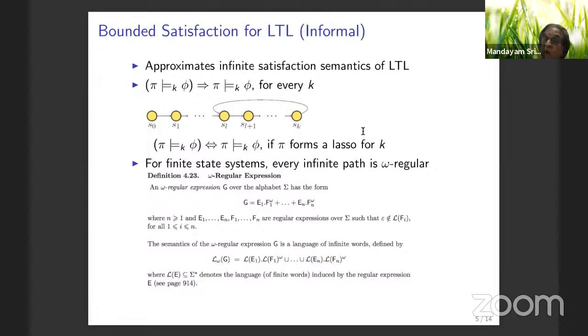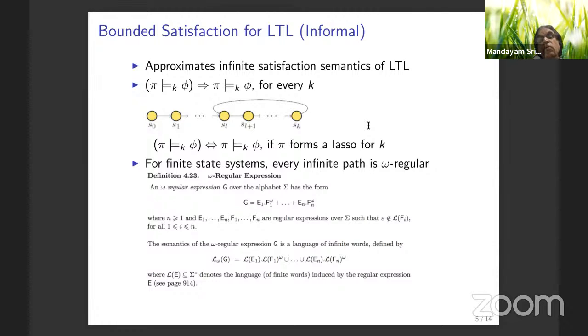So the completeness bounds, all these thresholds that we saw, are derived based on that guarantee. For finite systems, there always exists a K at which all the infinite paths would be represented by a lassoing path of that length.